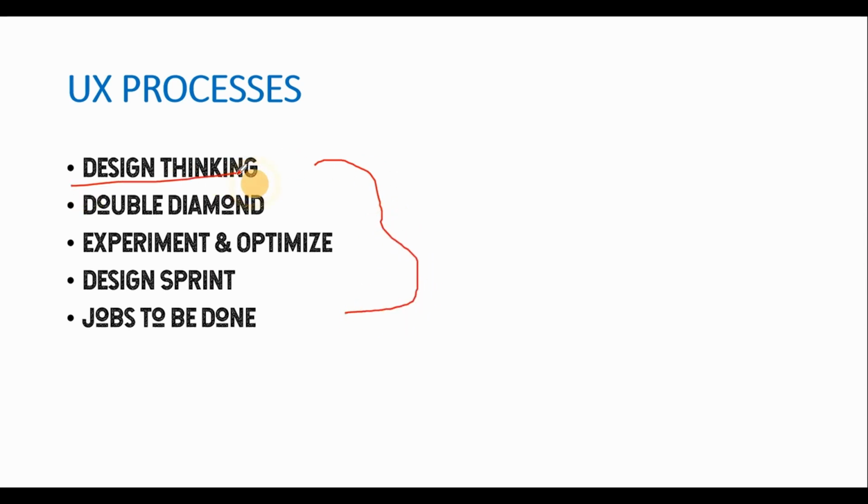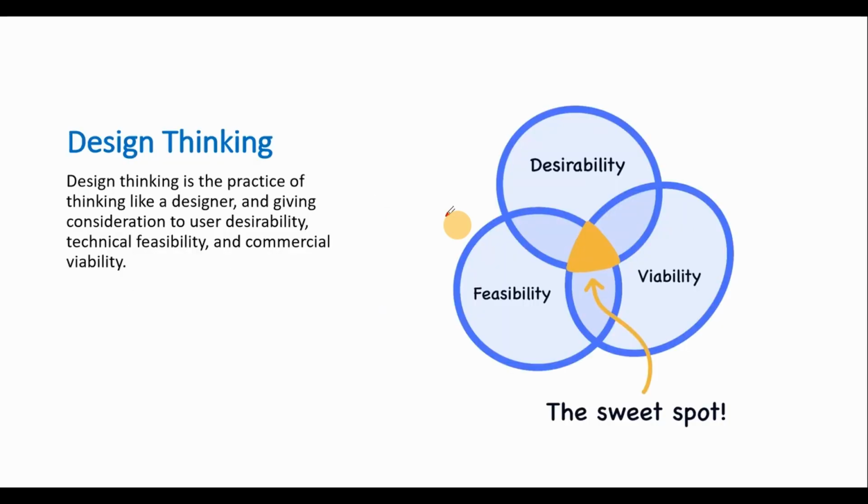Now let's start with design thinking. Design thinking basically is a process of thinking like a designer, and also giving consideration to what your users actually want to see, what is much easier for them to understand, based on the technical feasibility and, more of it, commercial viability.